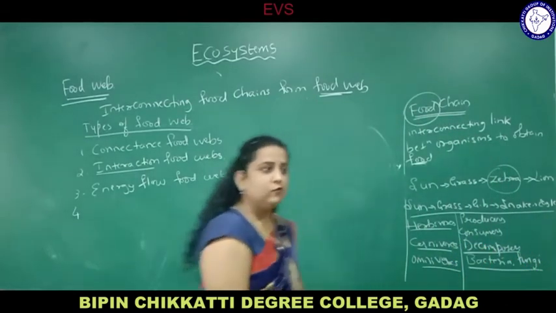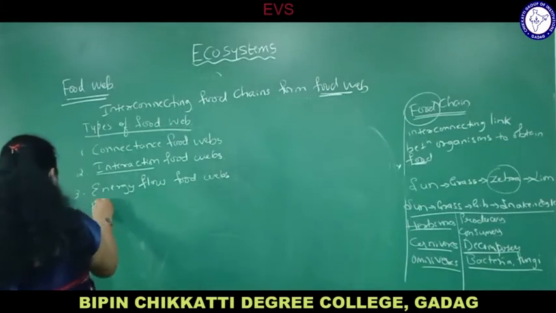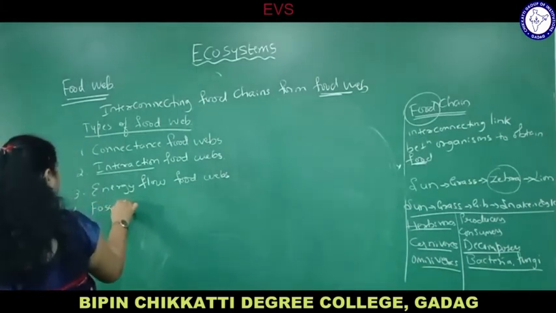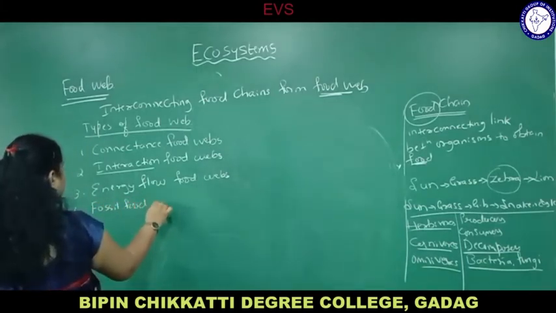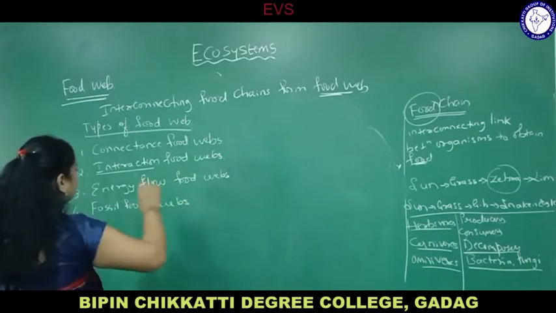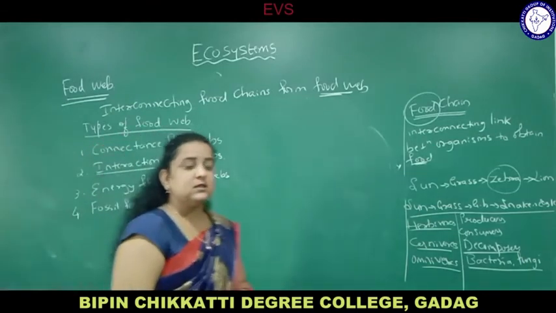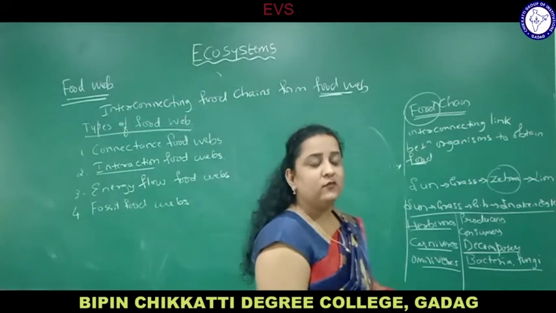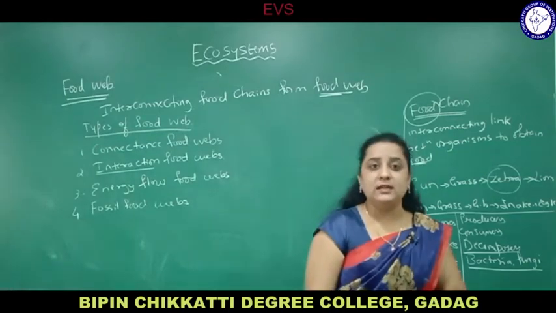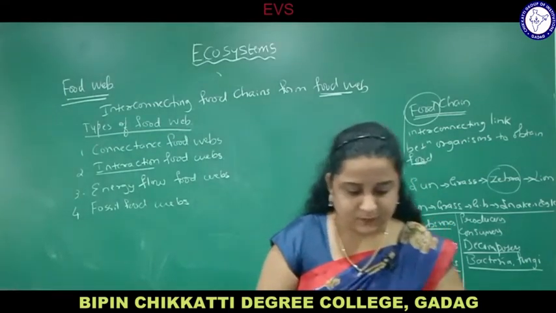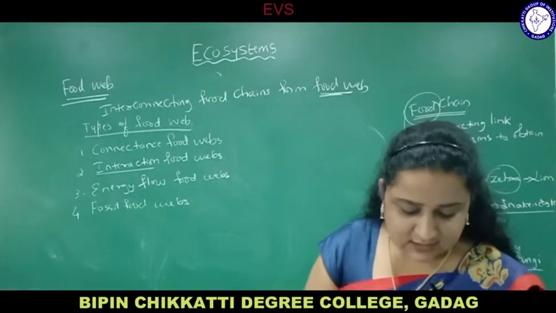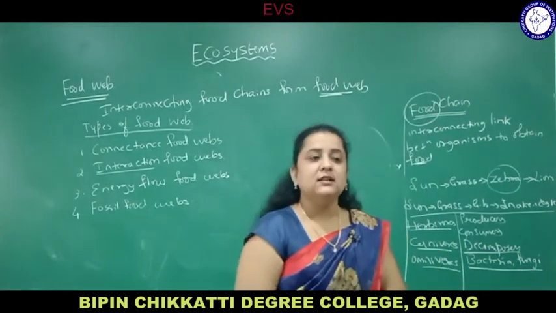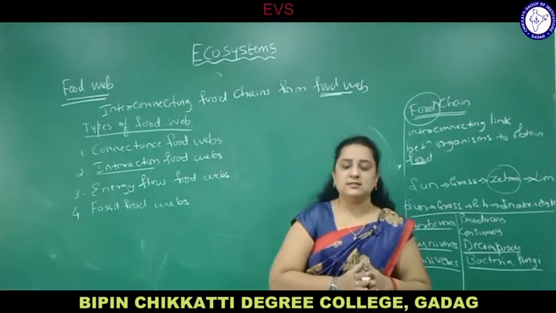Then fossil food webs. As you know, fossils are the remnants of plants and animals that died long years ago. Food webs can be dynamic, and there are some assumptions based on records of fossils.